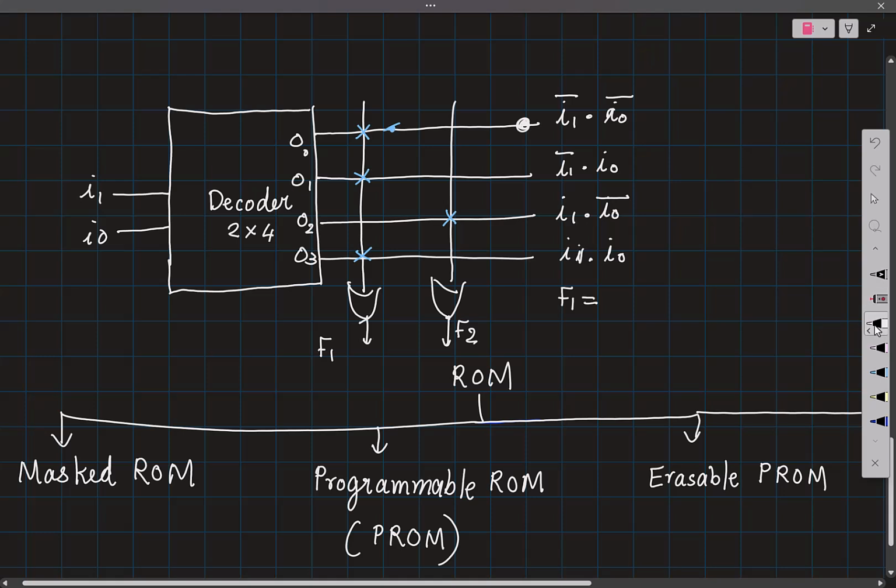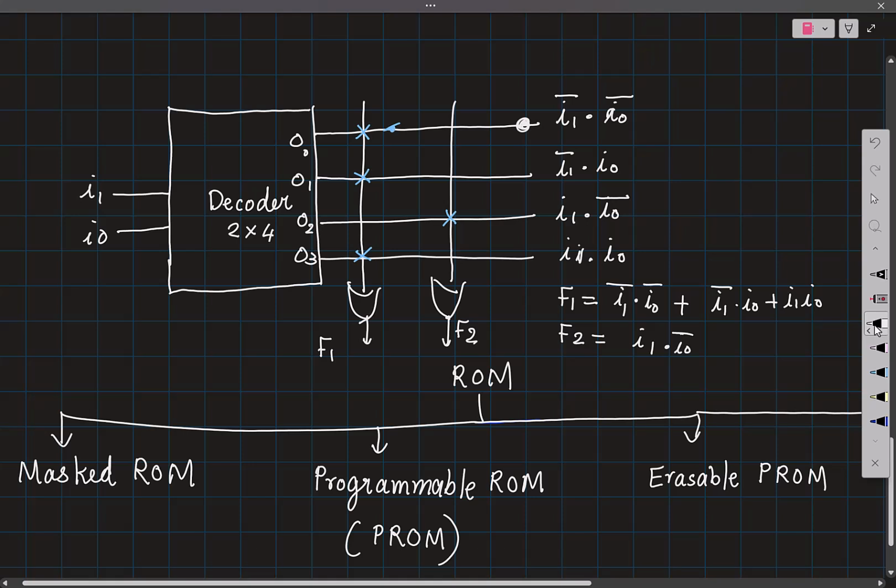So I can write F1 to be I1 bar I0 bar plus I1 bar I0 plus I1 I0. Okay. Similarly, my F2 is simply going to be I1 into I0 bar.